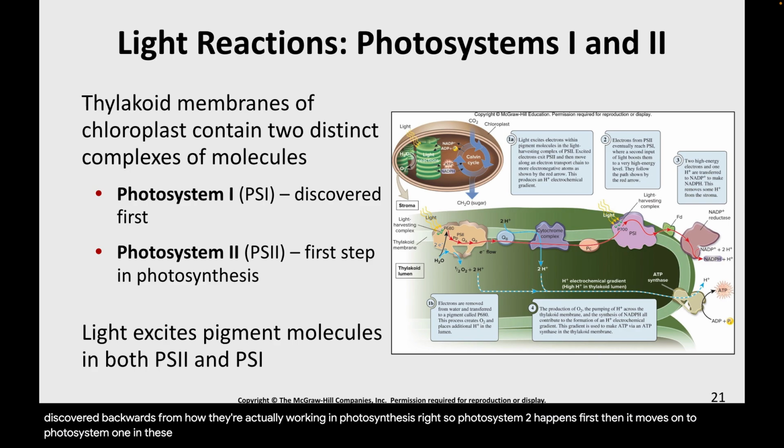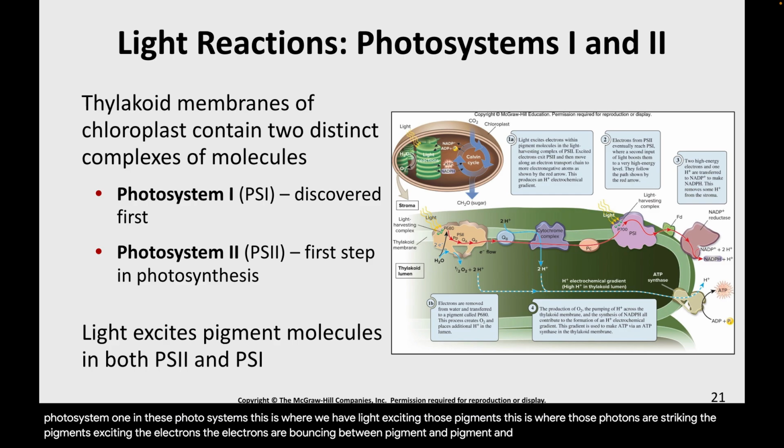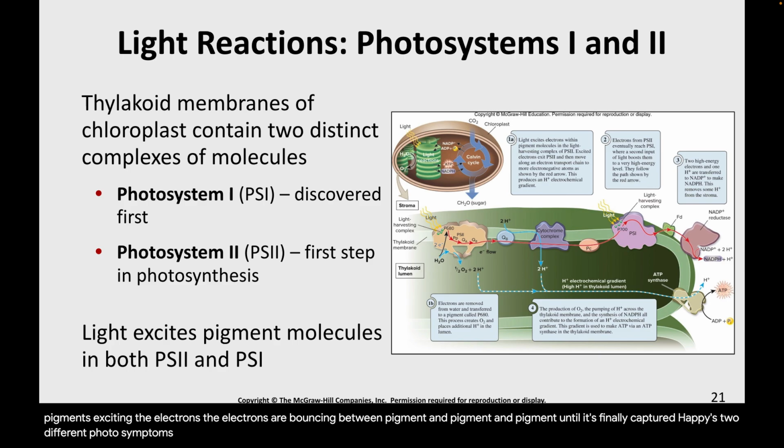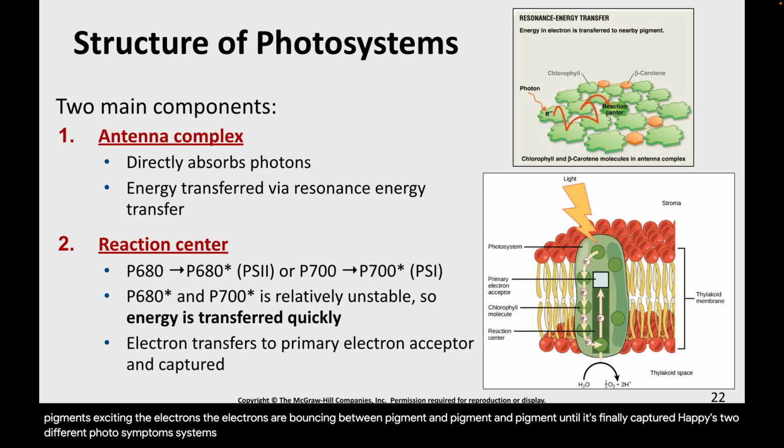In these photosystems, this is where we have light exciting those pigments. This is where those photons are striking the pigments, exciting the electrons. The electrons are bouncing between pigment and pigment and pigment until it's finally captured. So we have these two different photosystems. If we look at a photosystem, it's going to contain two different main components.